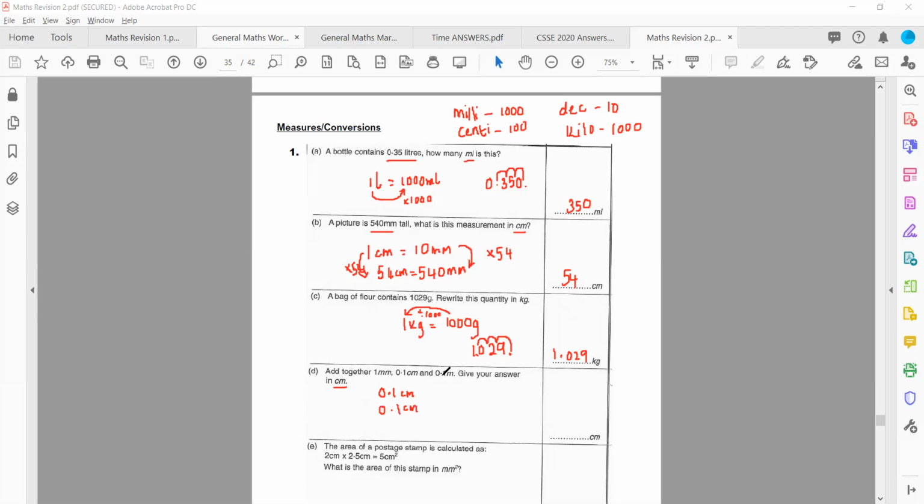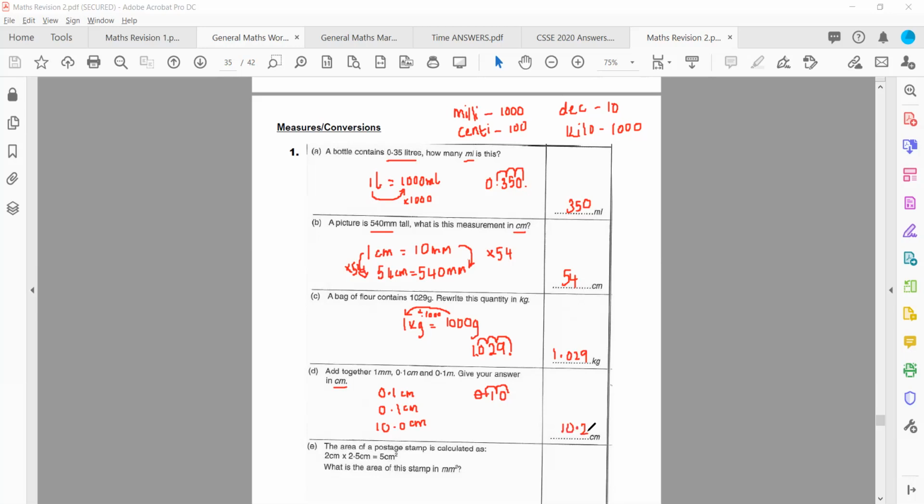Now there are 100 centimetres in a metre. So 0.1, to convert it into centimetres, you would times by 100. So you go forward 1, 2 spaces, and that would disappear, and you would have 10 centimetres. So altogether, you can add these ones together. You've got 0.1, 0.1, and 10.0, and that would give you 10.2 centimetres.